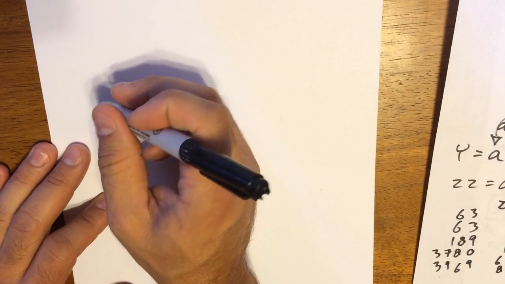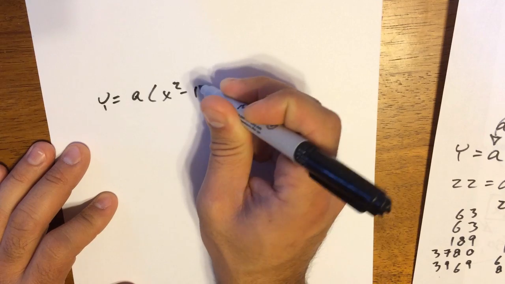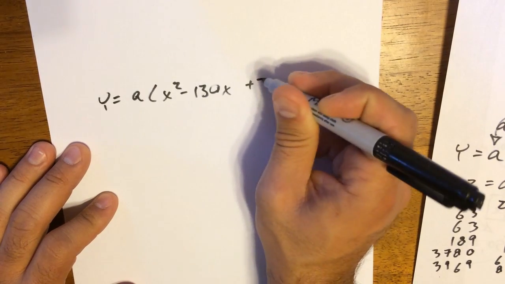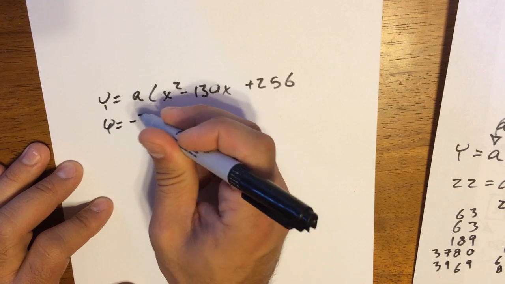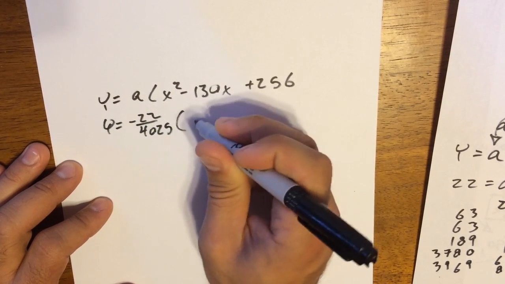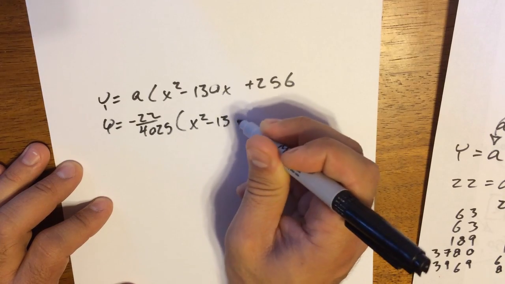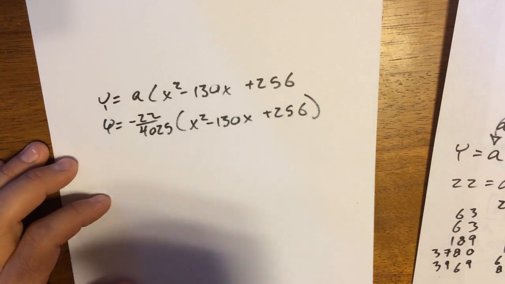So I'm going to continue on another piece of paper. So I have y equals a x squared minus 130x plus 256. Y equals negative 22 over 4025 times x squared minus 130x plus 256. And then we're just going to distribute.